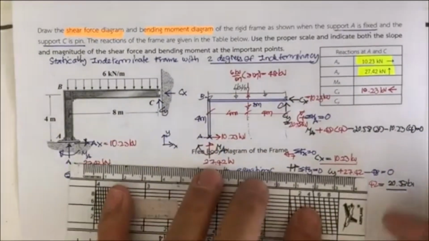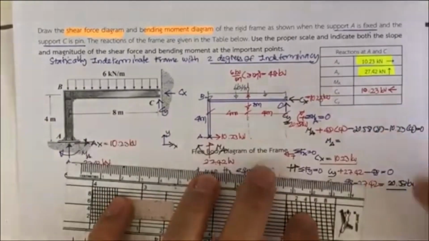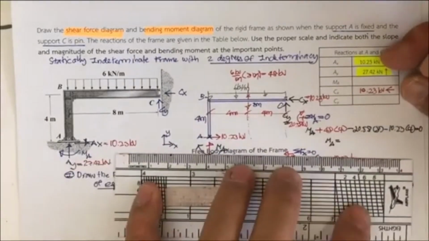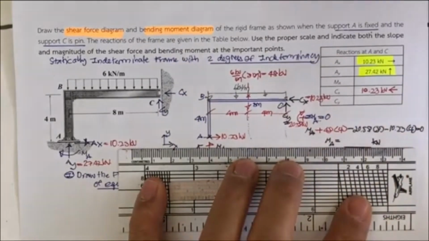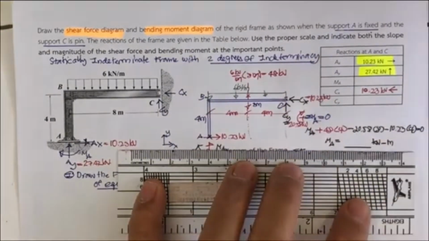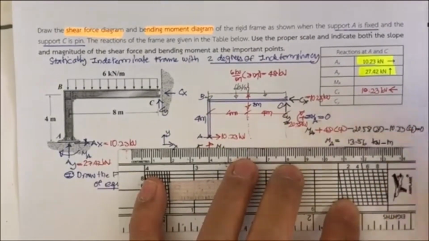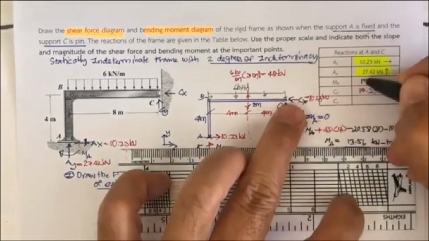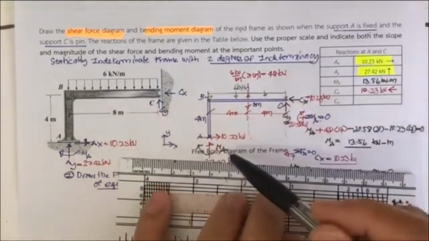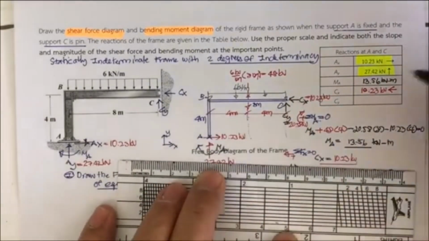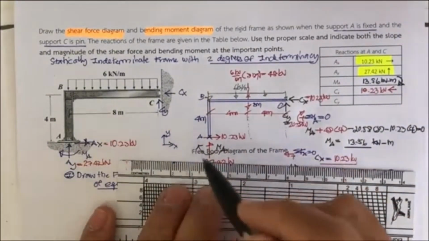By putting this into the calculator again, you may stop your clips and try to put the whole numbers into your calculator and see what you get. If you do, it's going to be 13.56 kilonewton meter, and it's going to rotate clockwise like this. This is counterclockwise. This is clockwise.